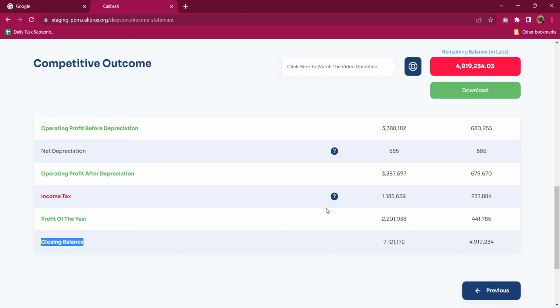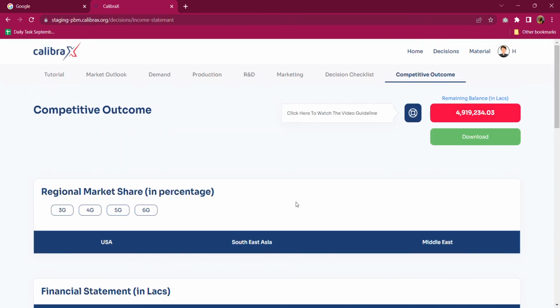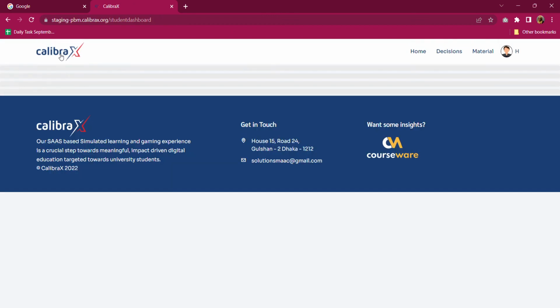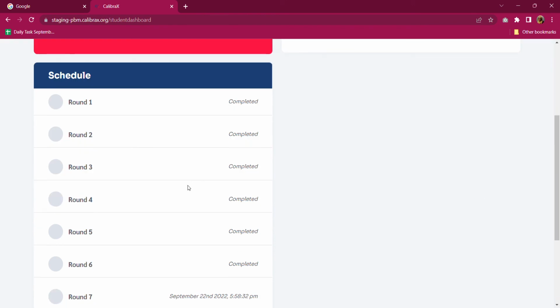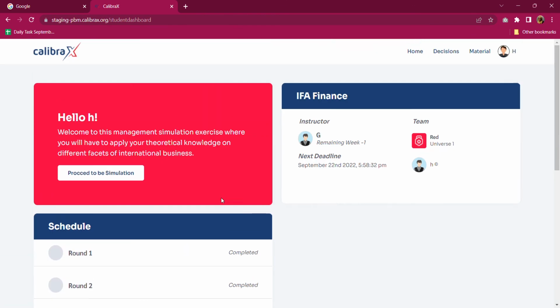The competitive outcome tab will only remain visible between completion of the evaluation and initiation of the next round by the course teacher. The course teacher has not yet started the next round.